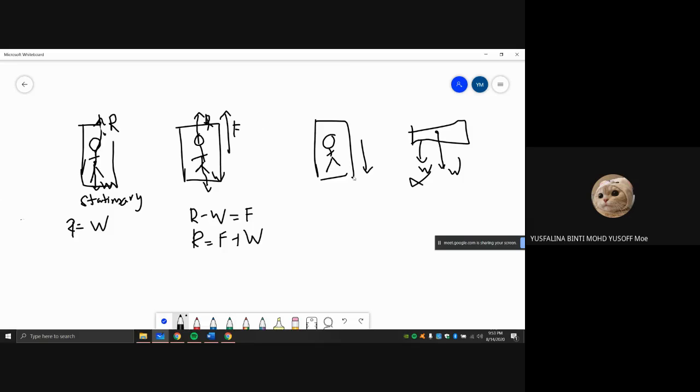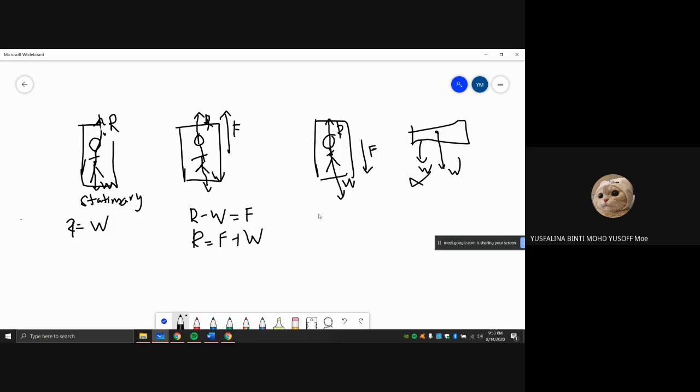And then this one again, this one is R, and this one is the weight W. So this is the force. With this one, which one is bigger? The weight, right? Because the force is moving in the same direction as the weight.